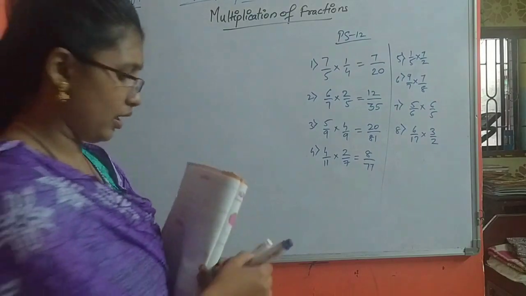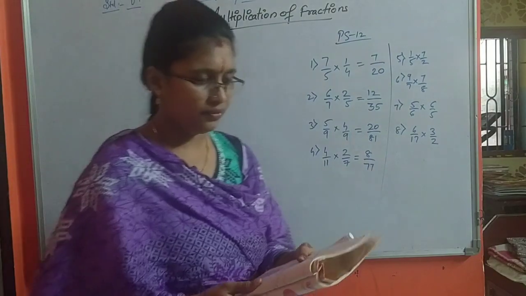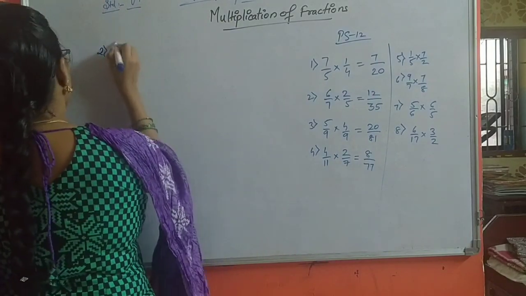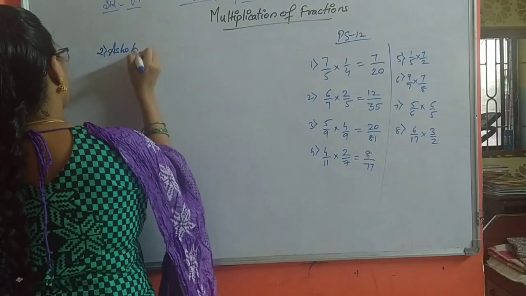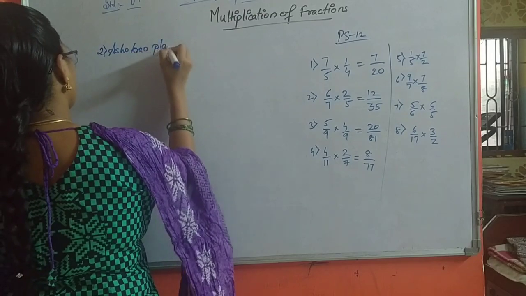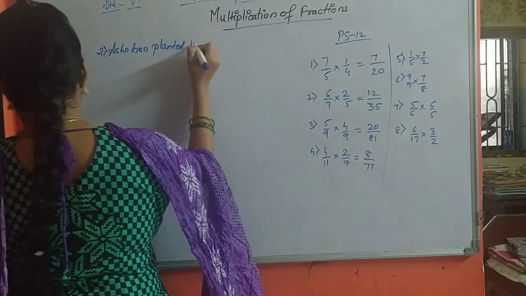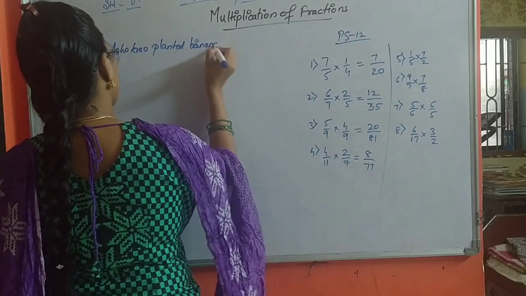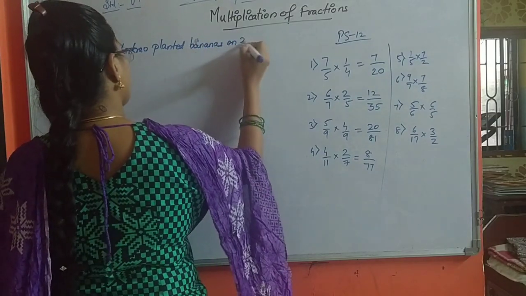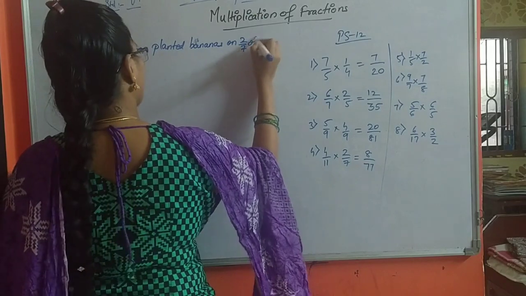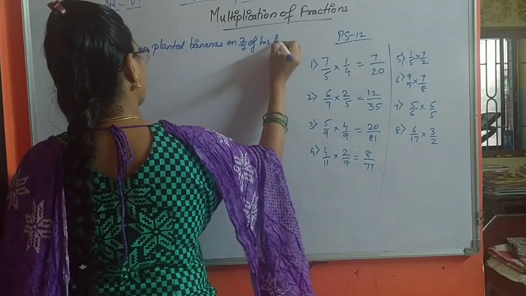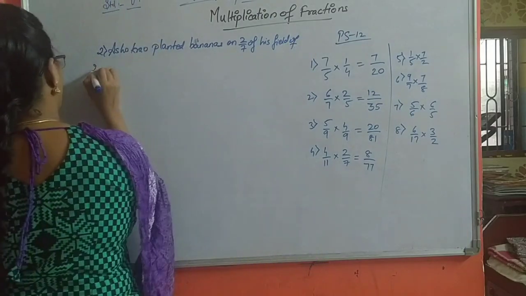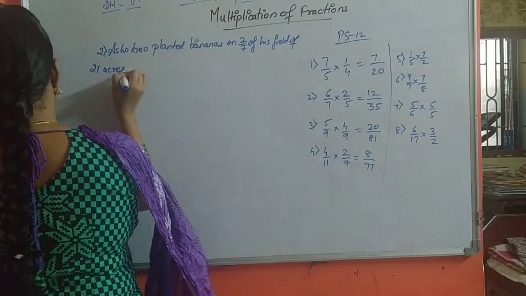Now the first one that you have in the problem set 12 is: Ashok Rao planted bananas on 2/7 of his field of 21 acres.